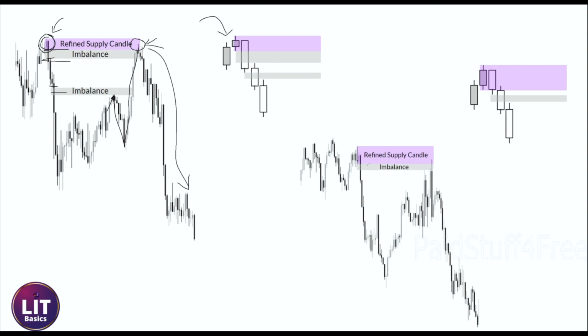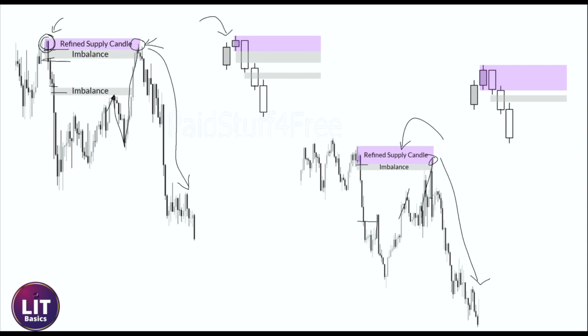Same again here, except it's not very small, so it's not the ideal, but that doesn't matter. Look at all the imbalance we leave from here. We fill, and then fully fill it by also tapping into our refined supply candle and then continuing down.